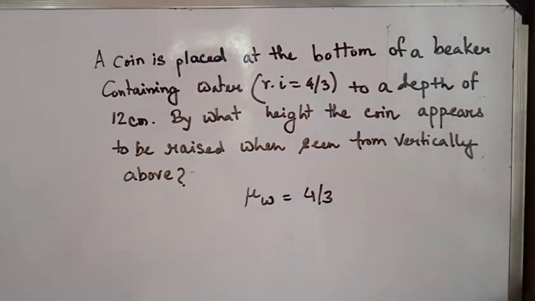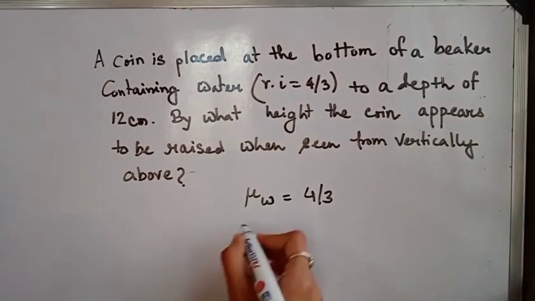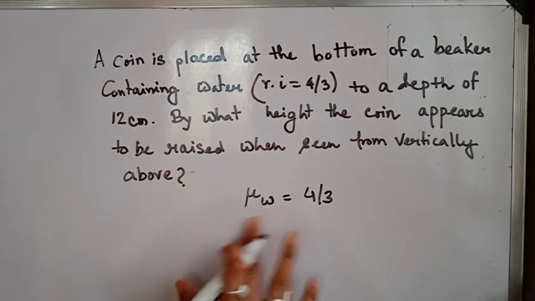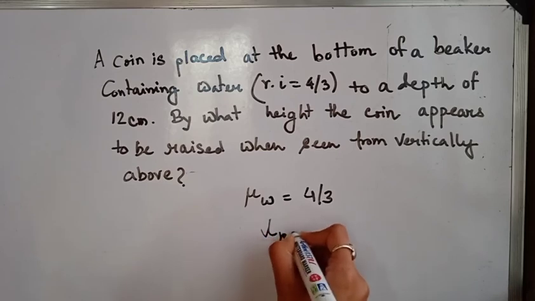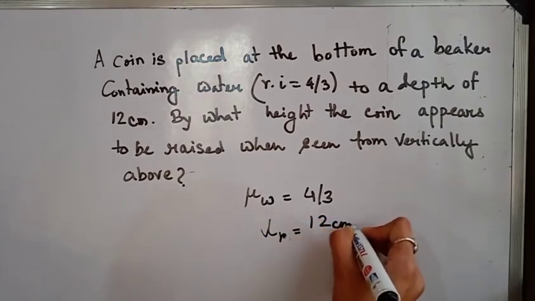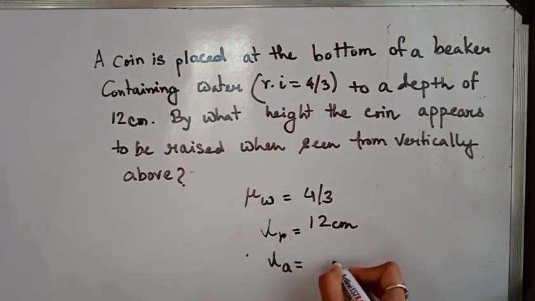This is the refractive index which is given, and the second thing given is the real depth of the beaker. The real depth, we can say, is equal to 12 centimeter. So the apparent depth is equal to real depth divided by mu, right?